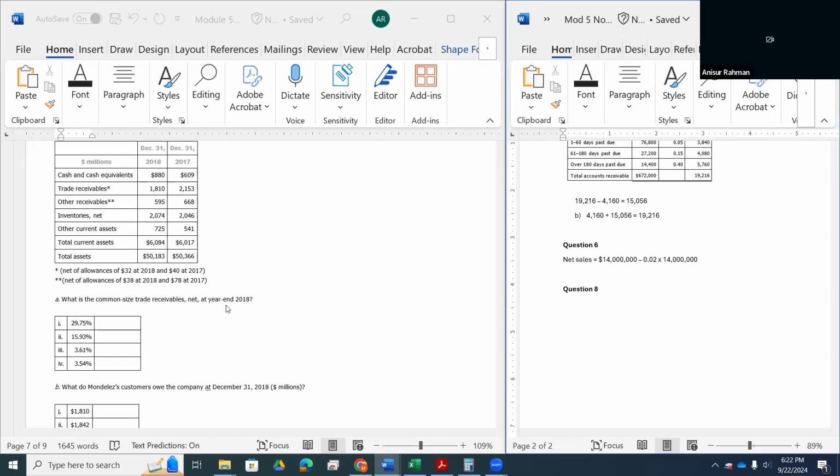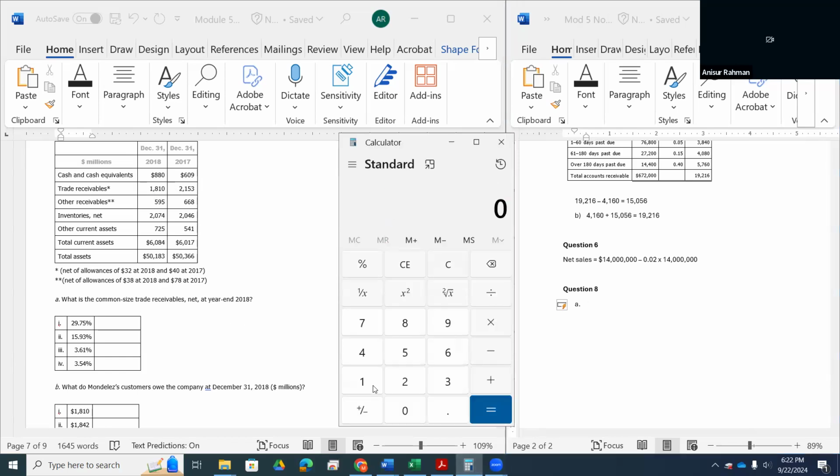So we have to divide trade receivables net by total assets. So it will be our 1810 divided by, it is talking about 2018.